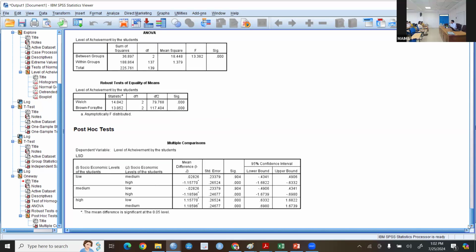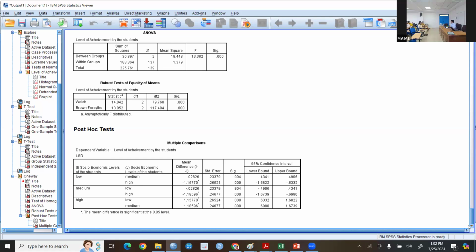पोस्ट हॉक, look at post hoc, in post hoc if you want to compare, look at the first box, low versus medium, सिर्फ फर्स्ट बॉक्स ही देखना आपको, लो वर्सेस मीडियम, the p value is 0.904. Is there any significant difference between LIG and MIG? No, LIG और MIG में सिग्निफिकेंट डिफरेंस नहीं है, लेकिन किसका मीन ज्यादा है, LIG का कि MIG का?